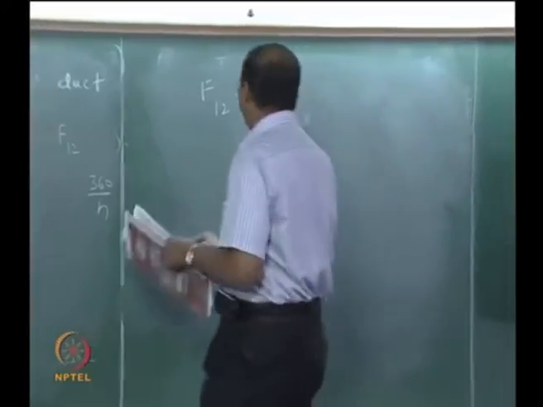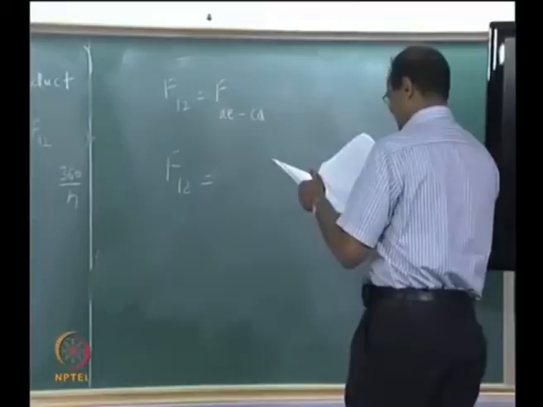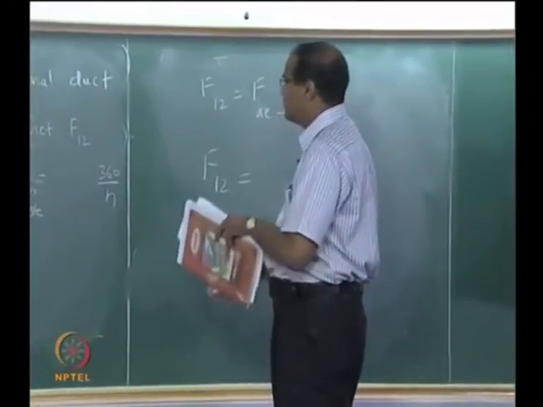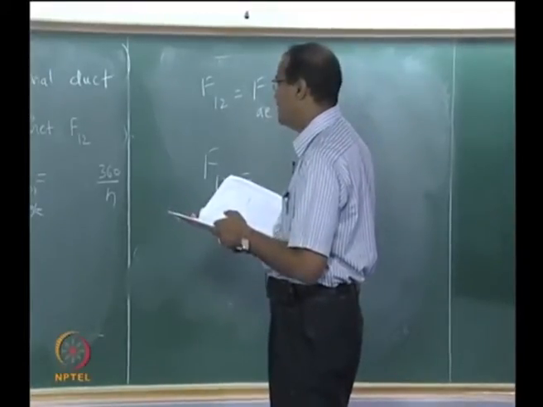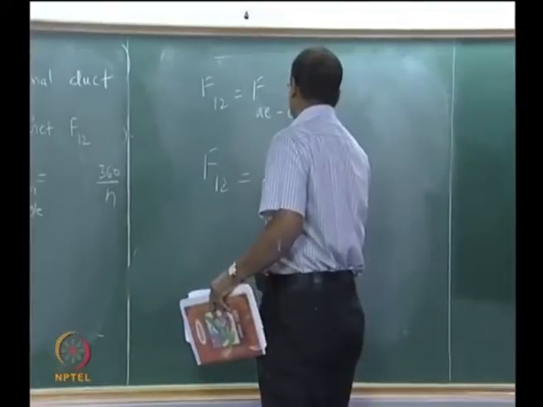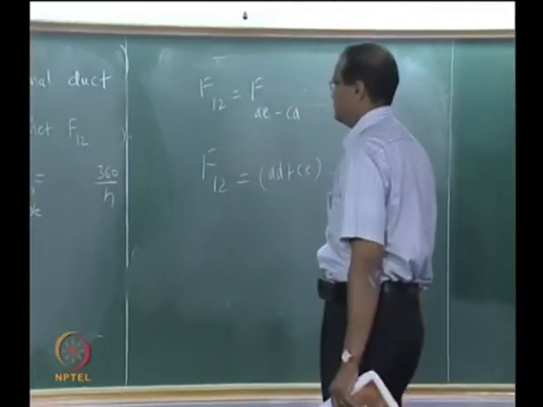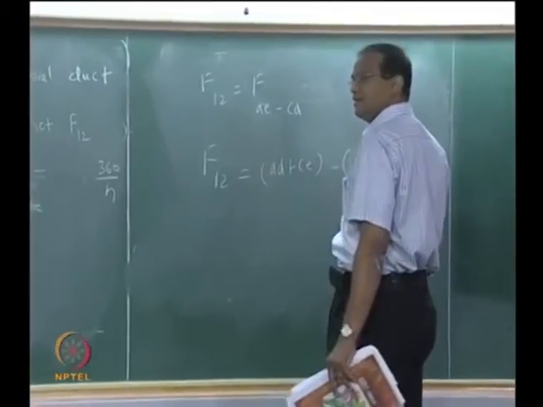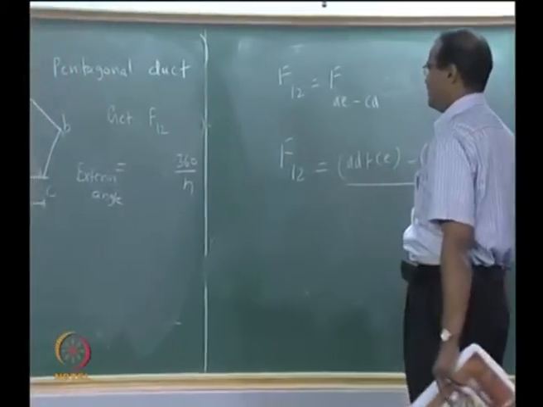Now F12 is equal to AD plus CE minus AC plus, very good.